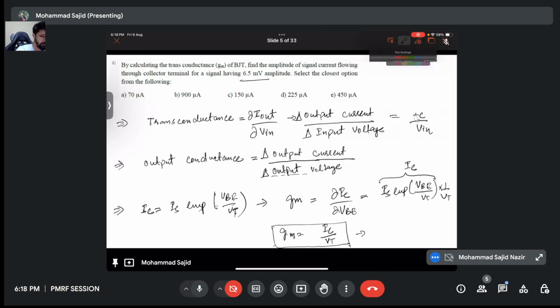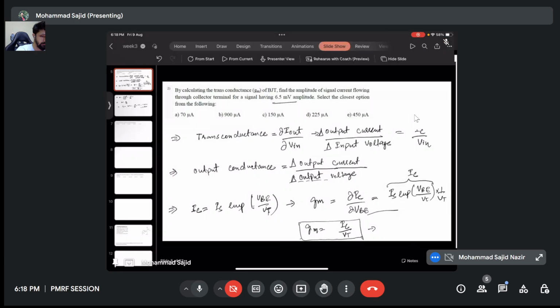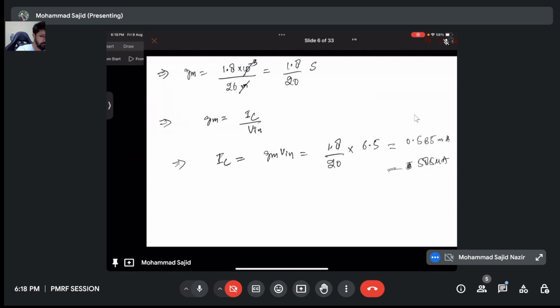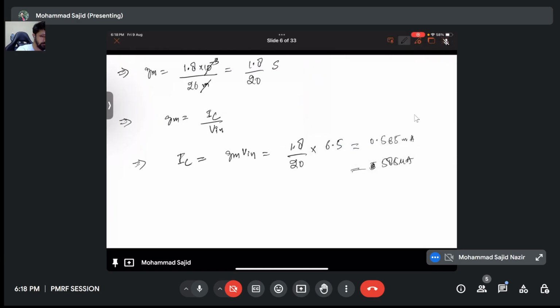Okay, so in the question, we had to calculate GM. One second. So there is something wrong in my calculation. Okay, this is 26. So here we did wrong.